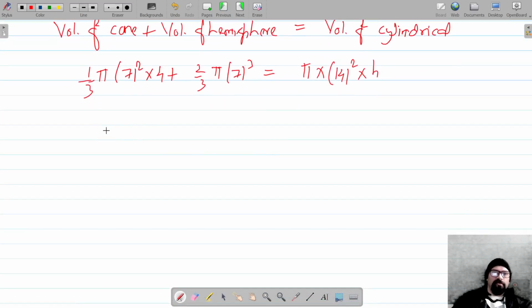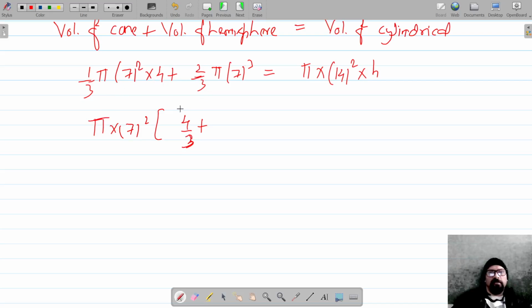Okay, which gives me pi, and 7 square is common. Actually, we can take pi by 3 common. So if pi by 3 into 7 square is common, we are left with 4 here, plus 2 into 7, which is equal to pi into 14 square, which is 14 into 14 into h.